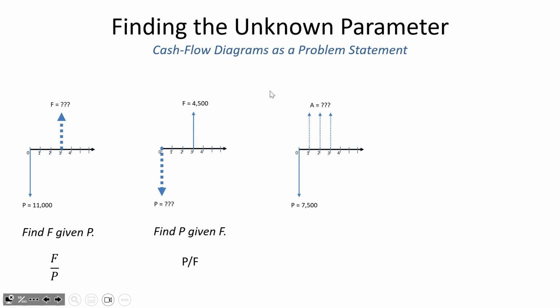This is a classical representation of find A given P. Now what you'll notice is that the annual series starts at year 1. The annual series does not start at time 0.